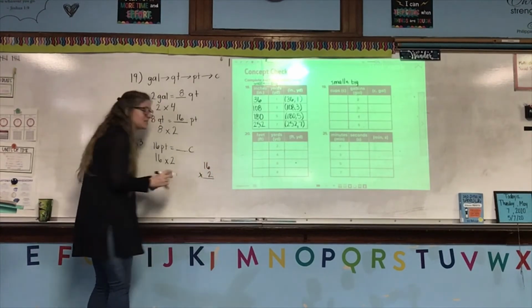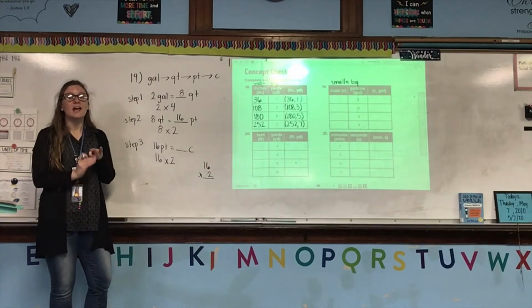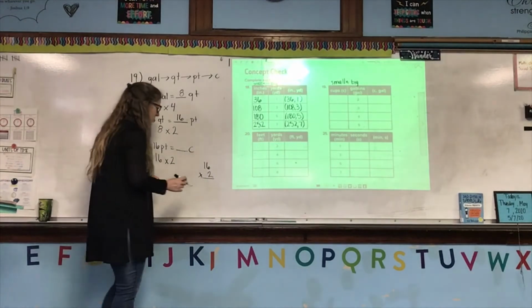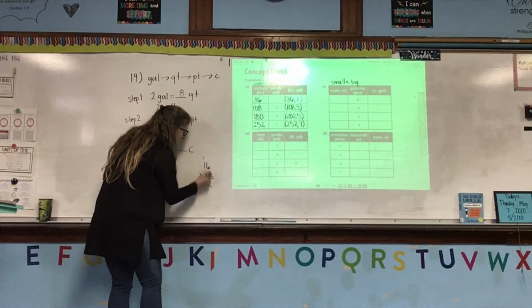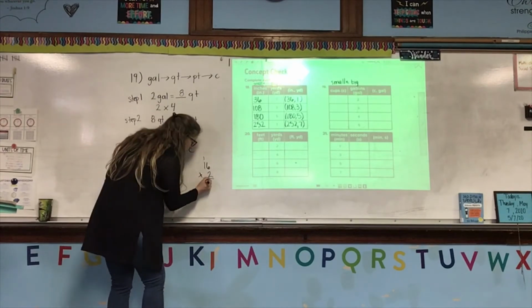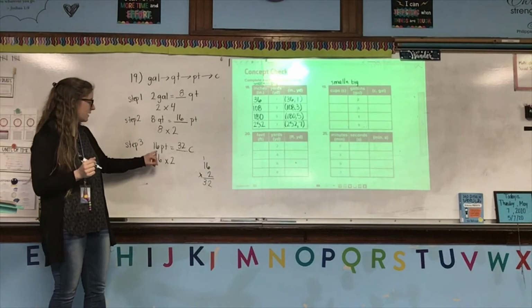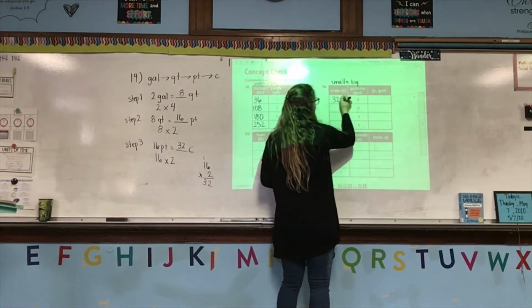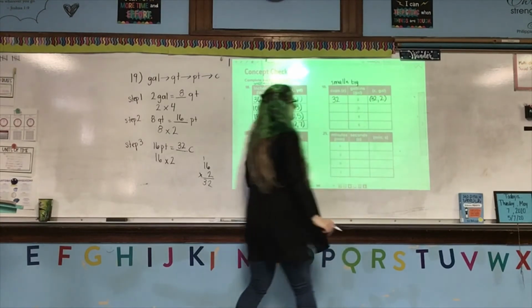Remember, if you can't use basic facts and patterns to solve, and if it is not the identity property of multiplication, you must show the multiplication to the side. 2 times 6 is 12. 2 times 1 is 2, plus 1 is 3. So that means there are 32 cups in 16 pints, which means that there are 32 cups in 2 gallons.